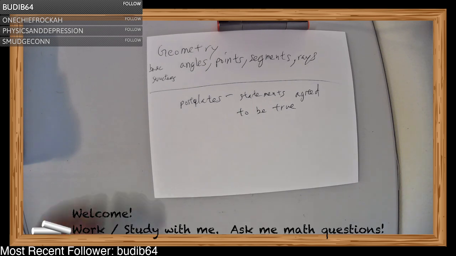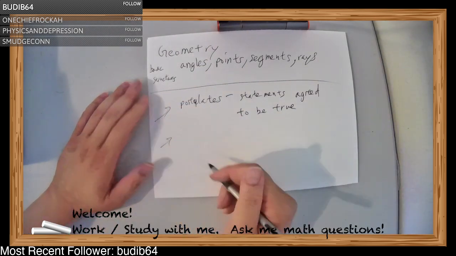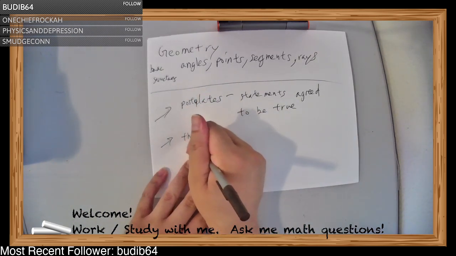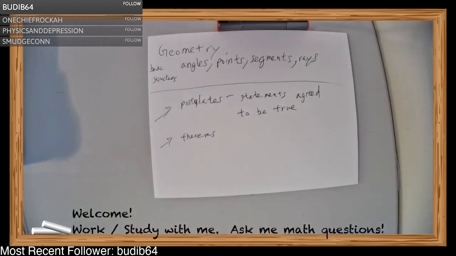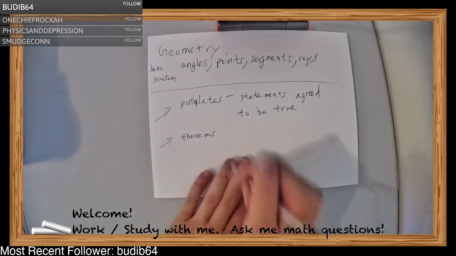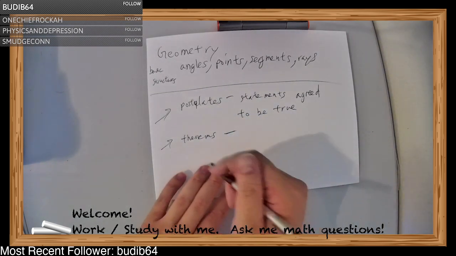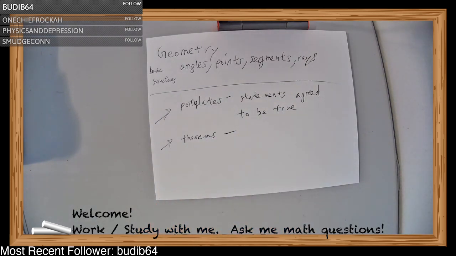So if we're building a geometric house, we start with the postulates, and then we get to theorems, and after that, more complicated theorems. So that's kind of the way it works. Well, how would you put that nicely, though?